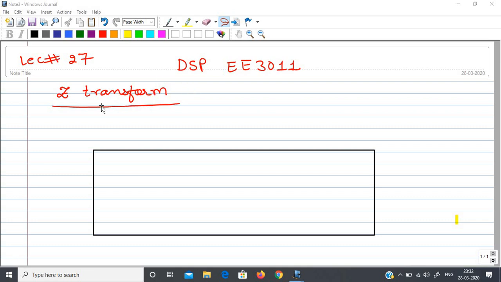First we shall look at the definition of the Z transform. Let x of n be a discrete time sequence, or discrete time signal.